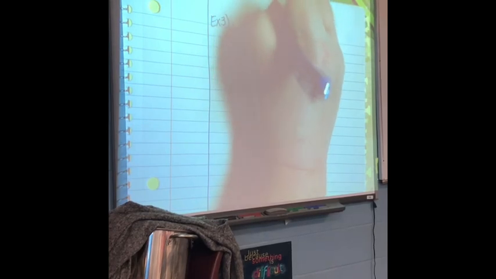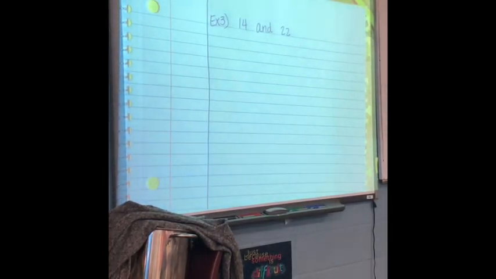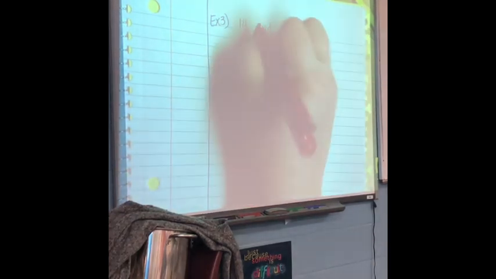So give me the two sides, 14 and 22. And we're going to compare what our side lengths can be.